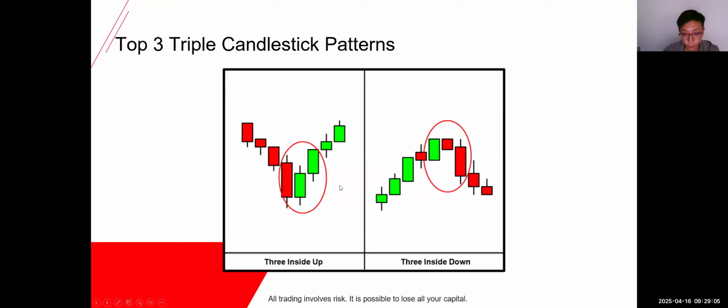Basically it just means bearish, bullish, bullish, but it's a little bit complicated because this middle one has to not close below this bearish candle and cannot close above this here. It needs to close within the bullish and the bearish candle.